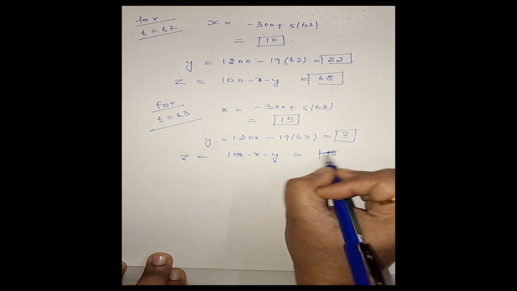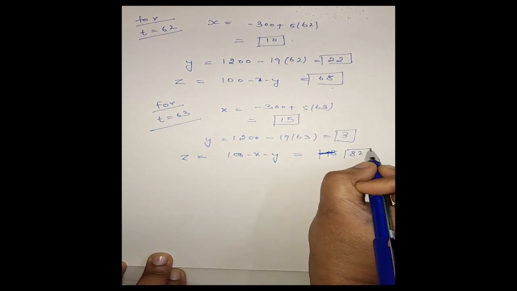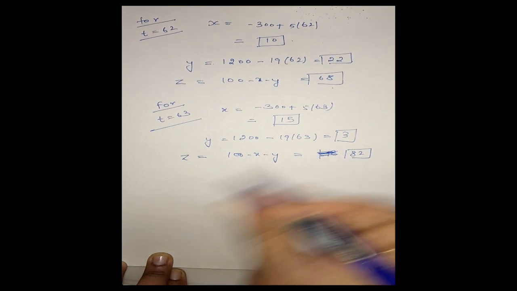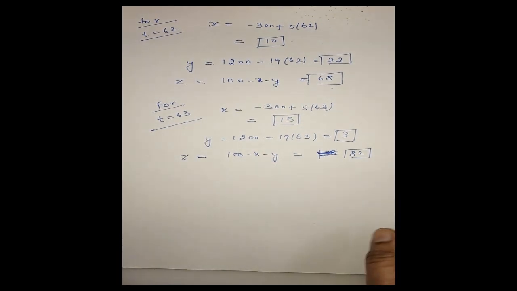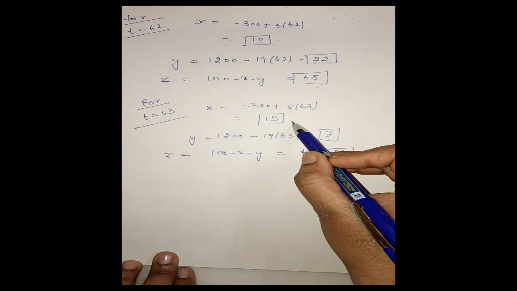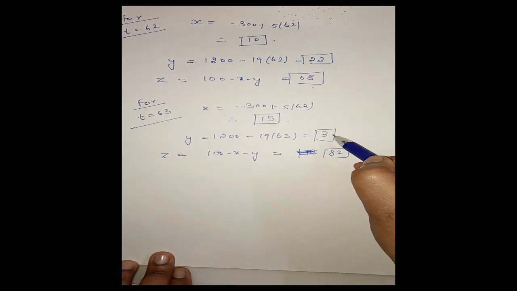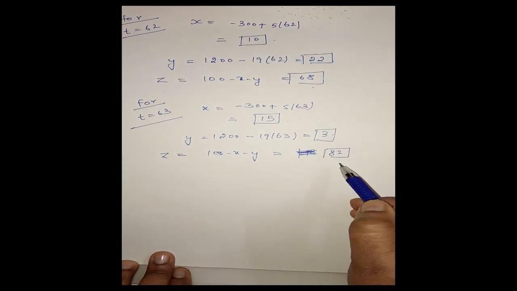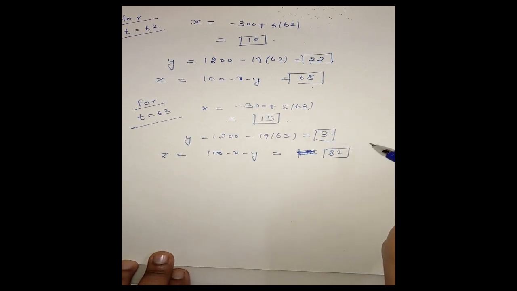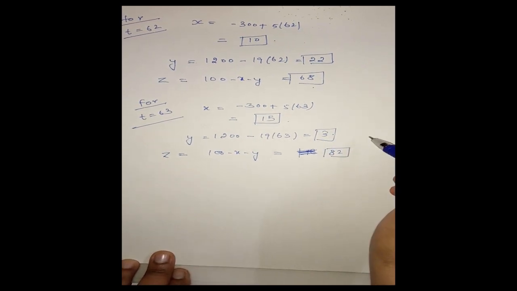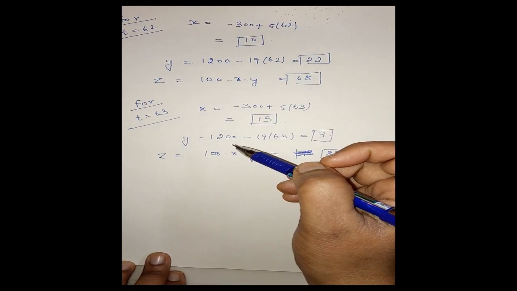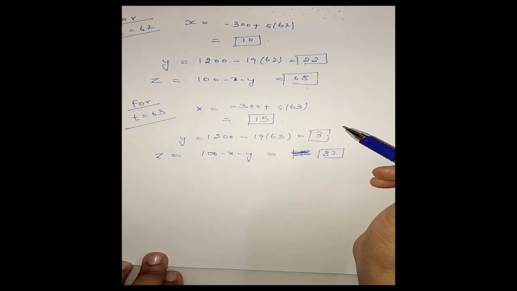No, sorry, not 18. This will be 82. Okay, means for t is equal to 63, we have 15 calves, 3 lambs and 82 piglets. Therefore, we have 3 sets of choices for t is equal to 61, t is equal to 62 and t is equal to 63.